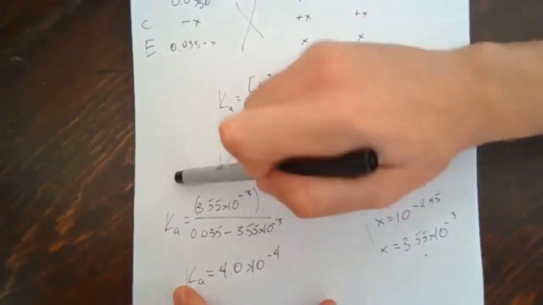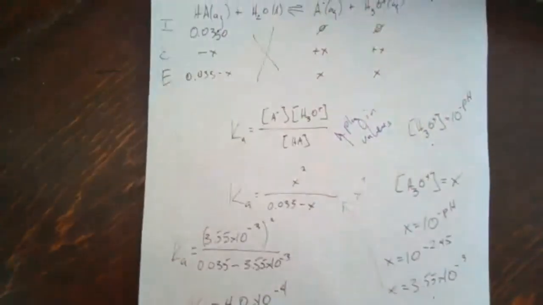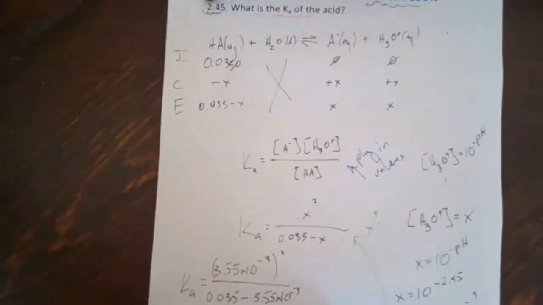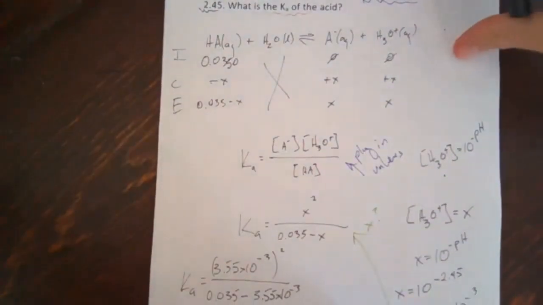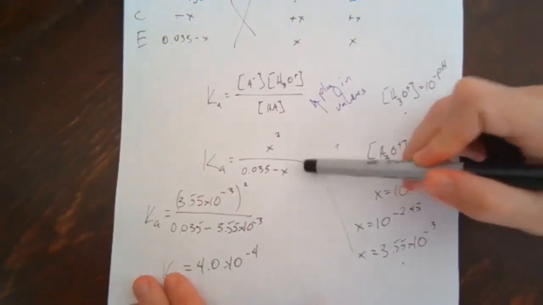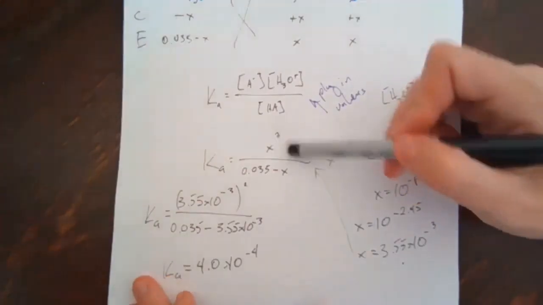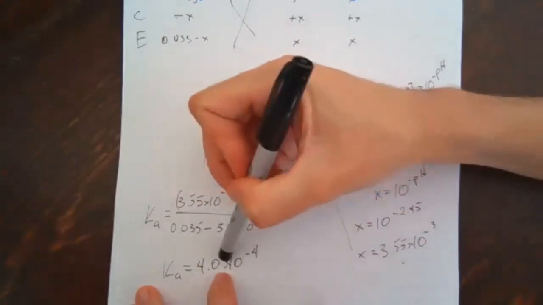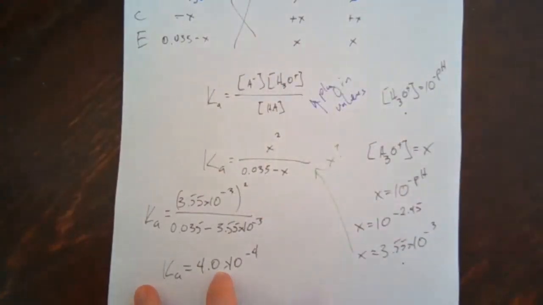But in this case, because I know what the pH is, I know what equilibrium looks like, and I can plug in that value for x into the equation explicitly and solve for Ka. And this can give me information as to what the acid that I'm dealing with is.